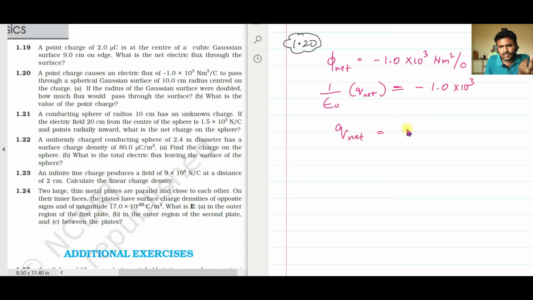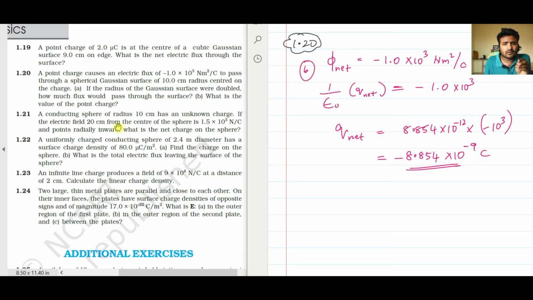That is just going to be 8.854 into 10 to the power of minus 12 into minus 10 power 3. So what is the answer we're going to get? Minus 8.854 into 10 to the power of minus 9 coulomb. That's the answer for sub question B.